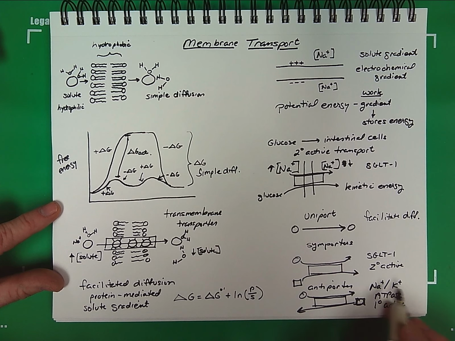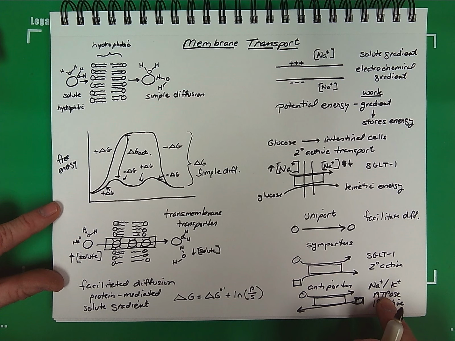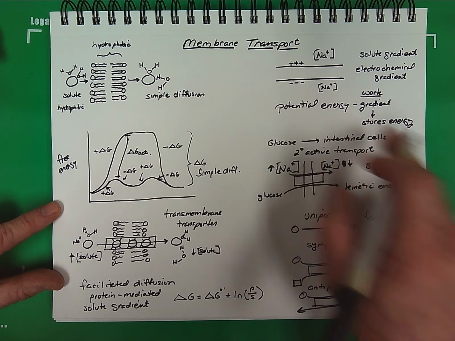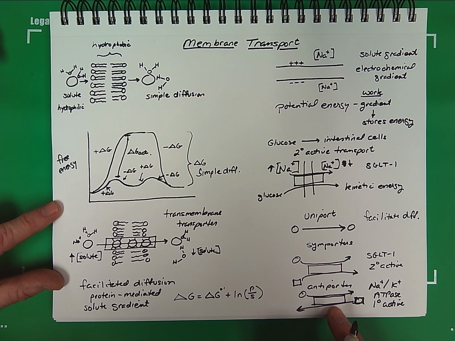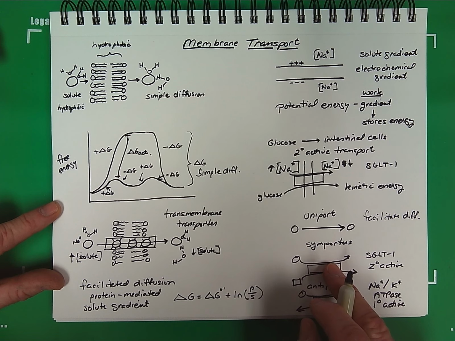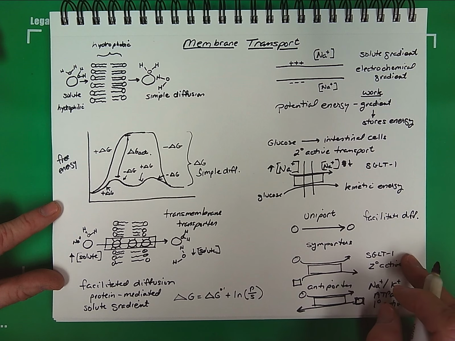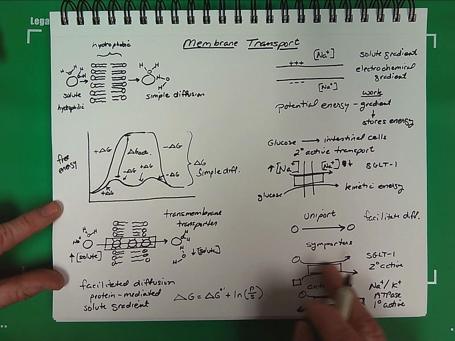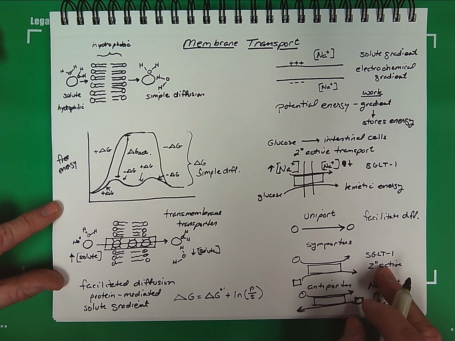This particular primary active transporter is now transferring the energy from ATP into establishing the gradient. So we have stored energy in ATP that's being transferred into potential energy by forming the gradient. And then with the symporter, SGLT1, we are using the potential energy stored in this gradient to turn into kinetic energy to drive the entrance of glucose into the cell.